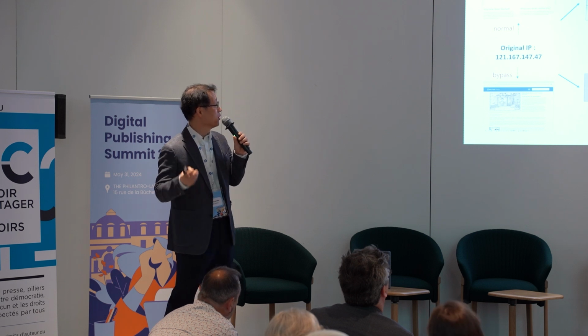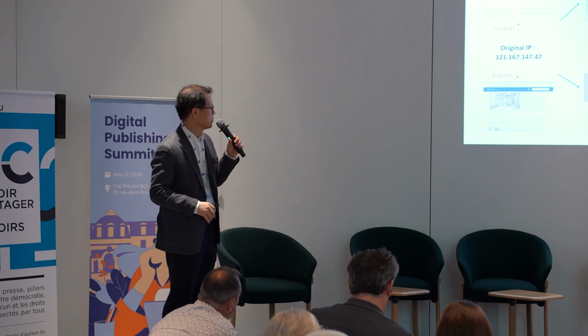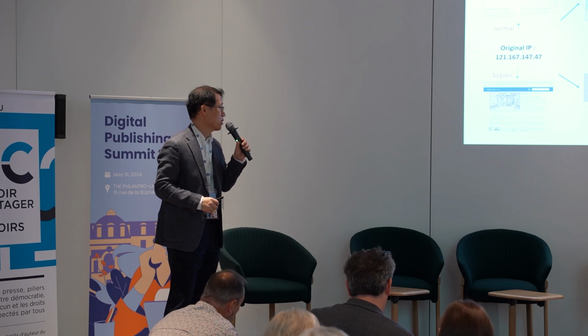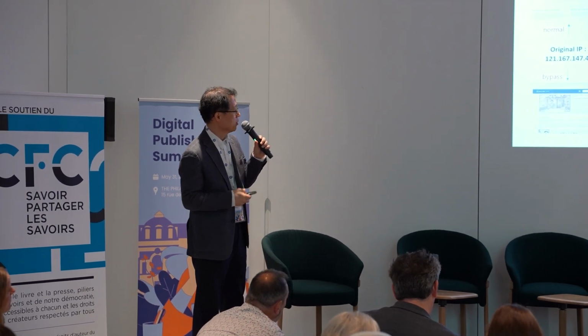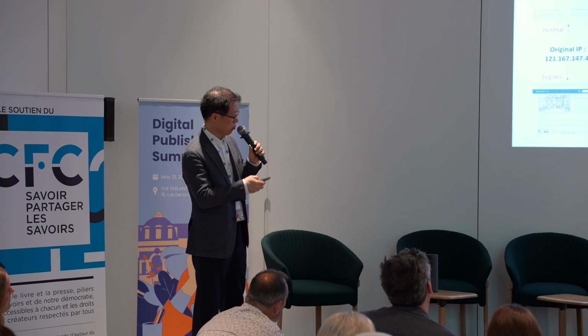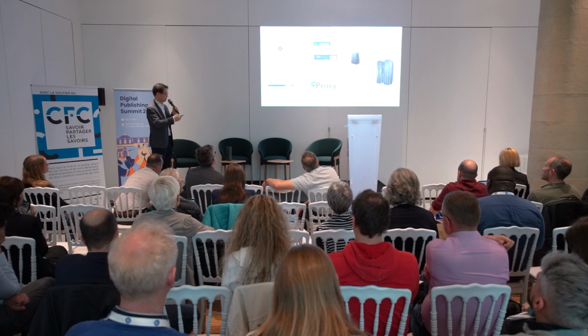So they can block the IP address. But with a commercial proxy or VPN, that is very easily avoidable. That would give a very random IP address for the client.